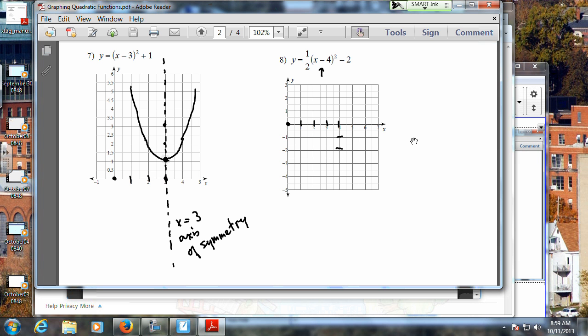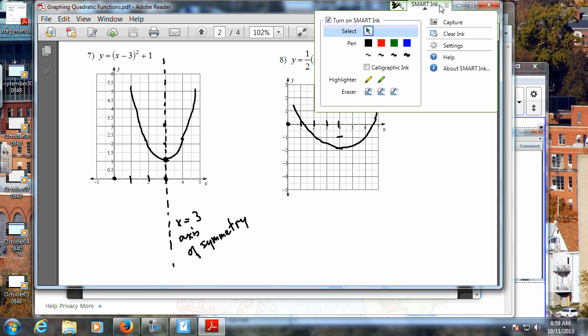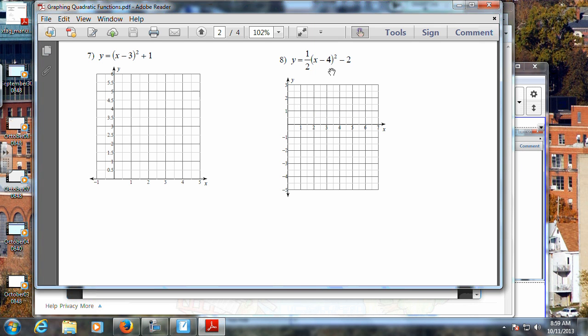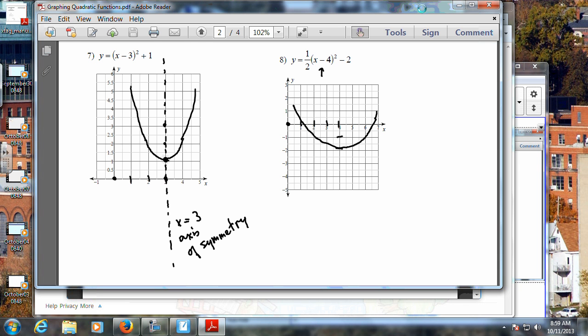This 1/2 out front of x minus 4 makes it a parabola that opens shallow, so a shape that looks like that. But still, that basic arch with that same symmetry that all of these quadratic functions have for their graphs. So that's the variations on this problem of figuring out what the graph of a quadratic function looks like.